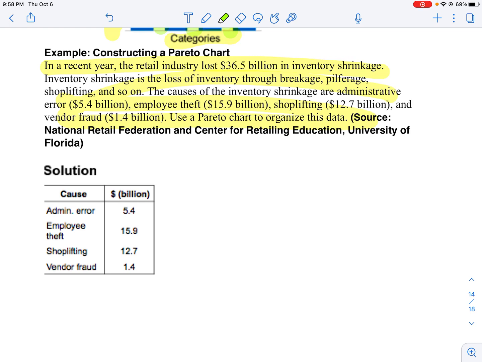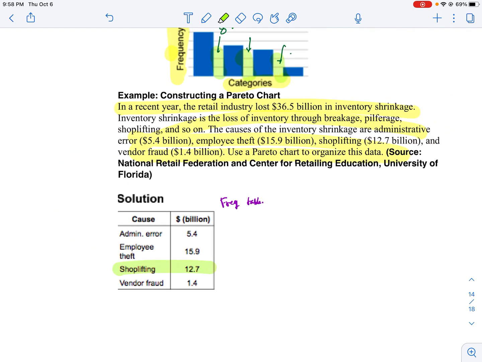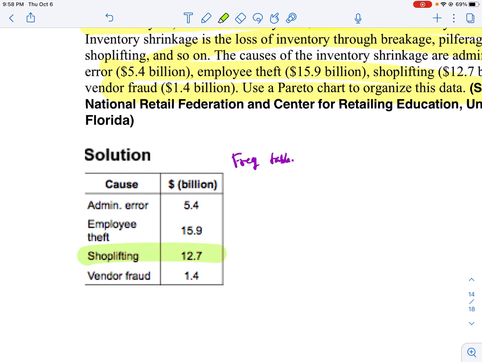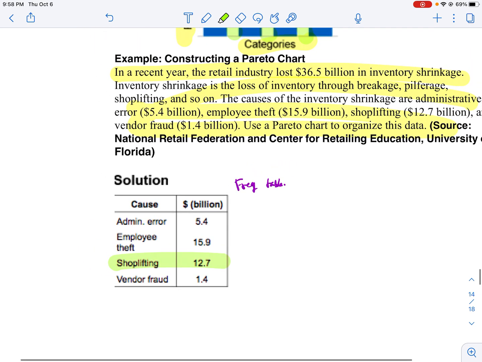It says use a Pareto chart to organize this data. So here goes your frequency table. Okay, so here, for example, it says that because of shoplifting, the retail industry lost about $12.7 billion.